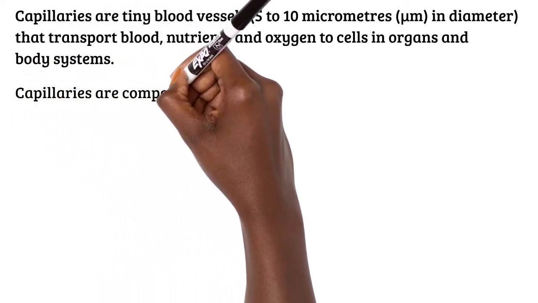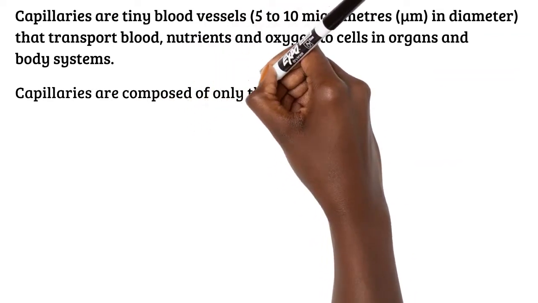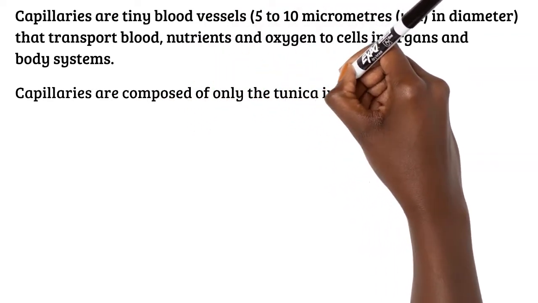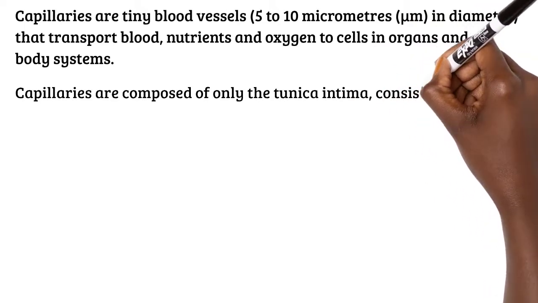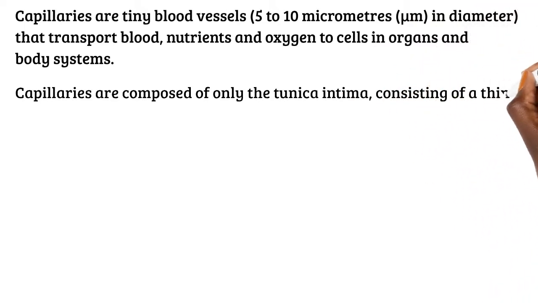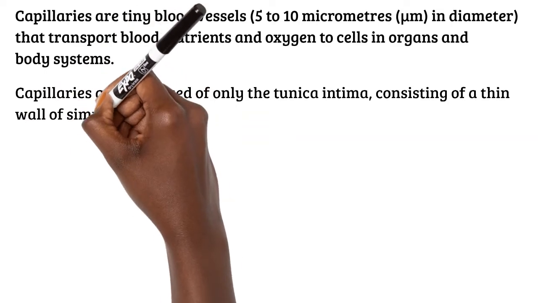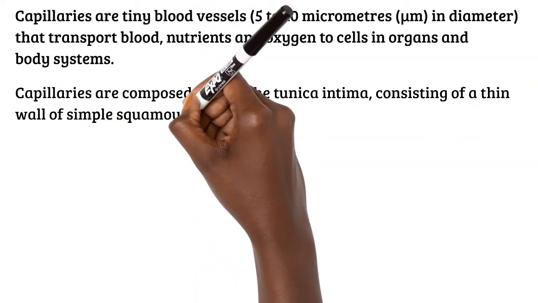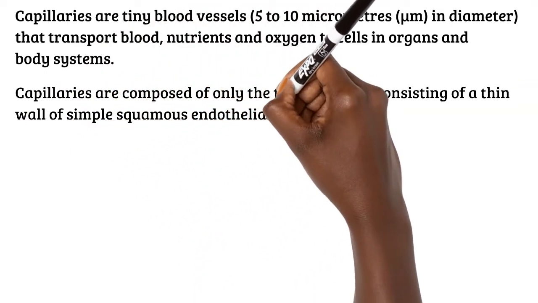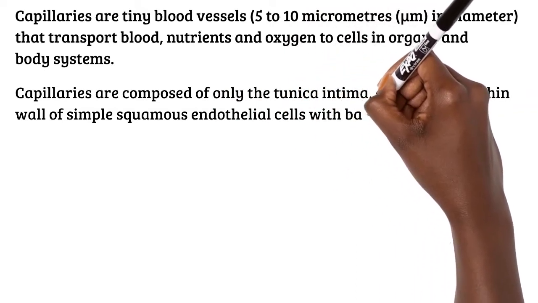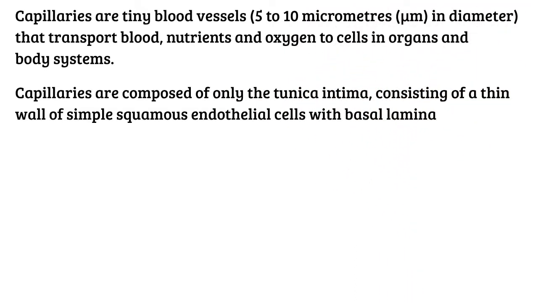Capillaries are composed of only the tunica intima, consisting of a thin wall of simple squamous endothelial cells with basal lamina. So in capillaries, we do not have tunica media and tunica adventitia, and that's very unique, and that's also because of its functions, or the role it plays in the body.